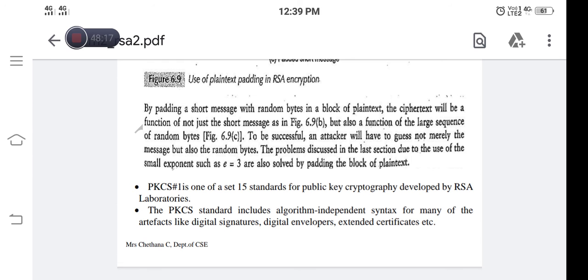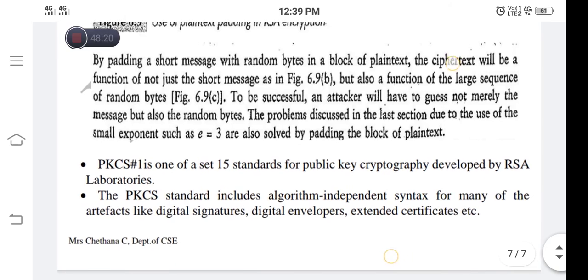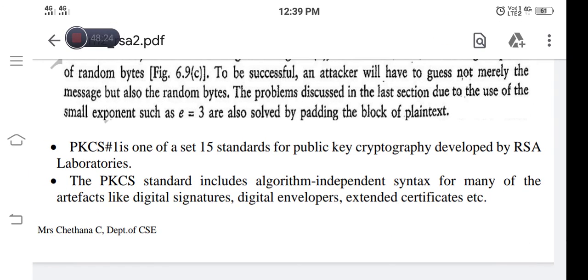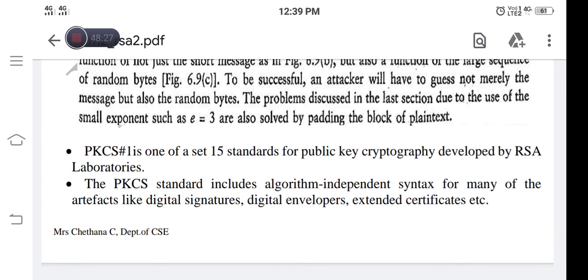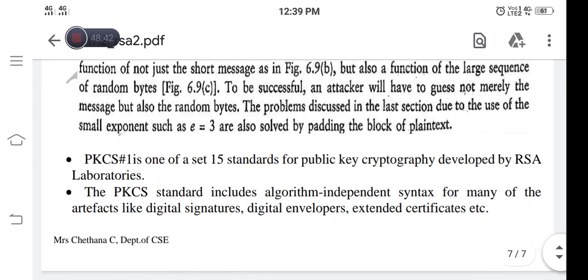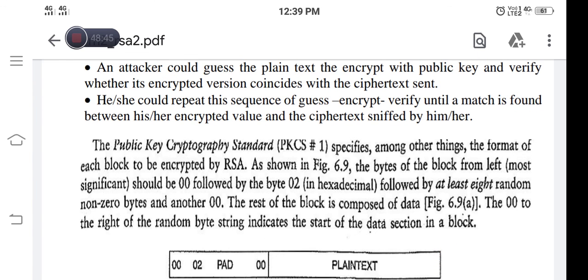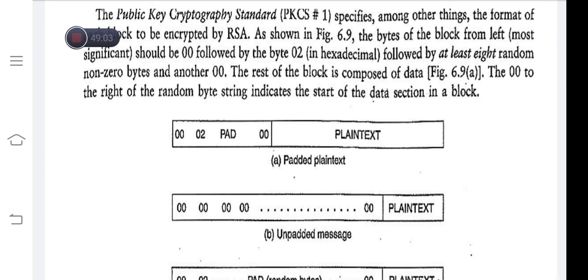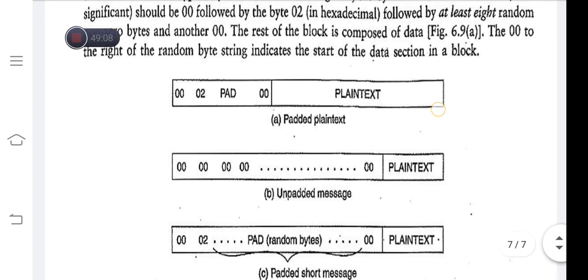And this PKCS standard also includes the algorithm independent syntax for many artifacts like digital signatures, digital envelopes, and extended certificates, etc. So in the PKCS standard technique, we discussed the format of the block to be encrypted and how an attacker will fail to guess the values since the message will be padded with non-zero random values.